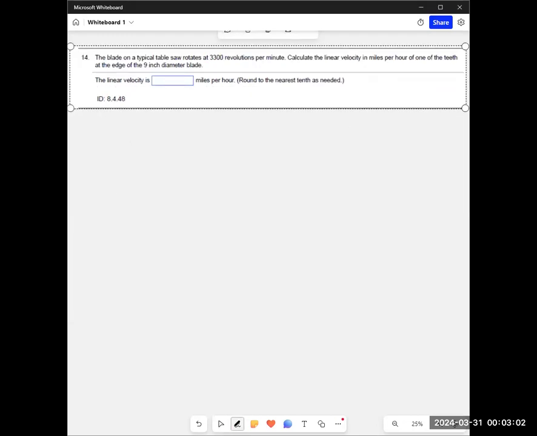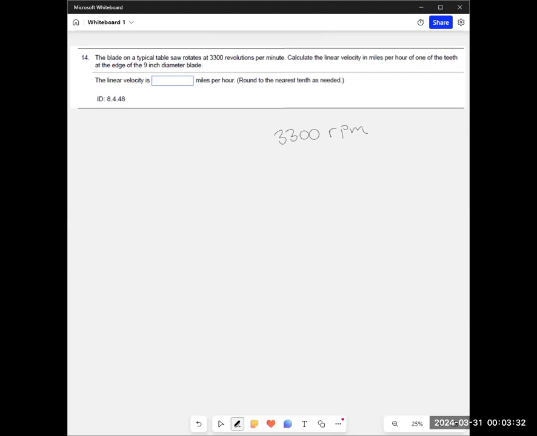All right, the blade on a typical table saw rotates at 3,300 revolutions per minute. Calculate the linear velocity. So I'm going to have to change rotations per minute to radians per minute, an angular velocity.